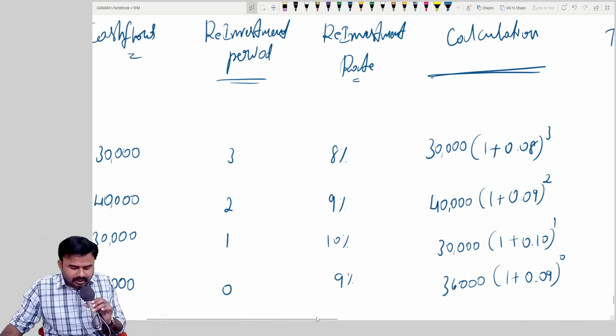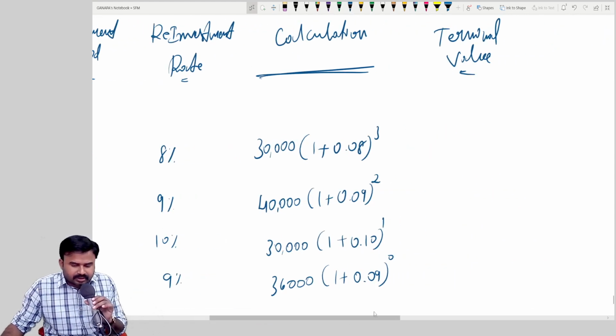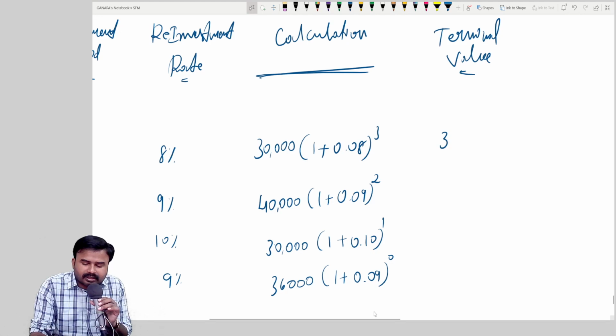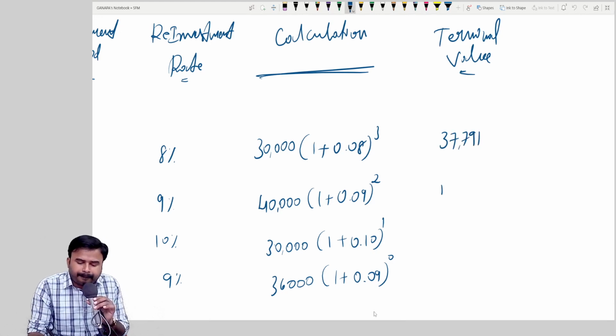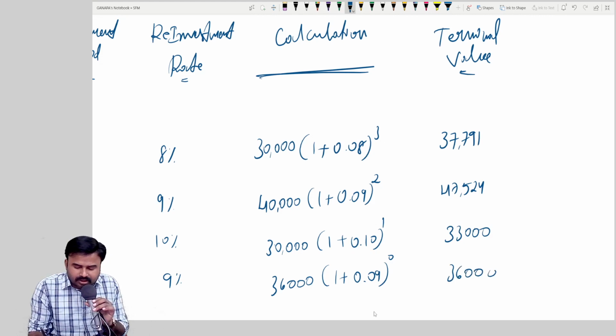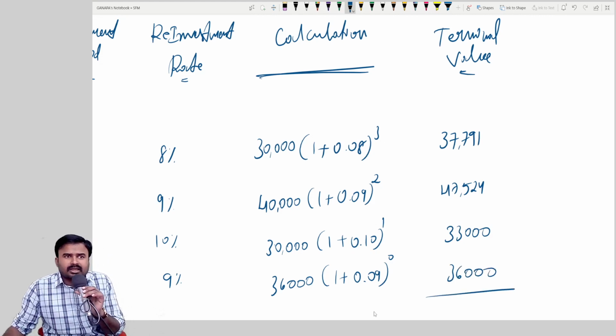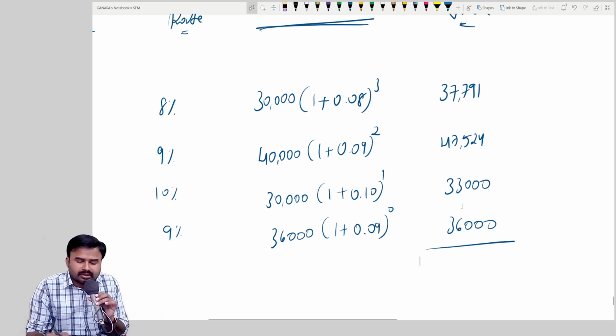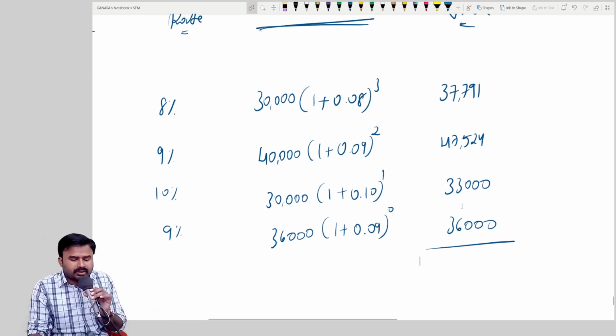30,791. 47,524. 33,000. 36,000. Are you sure about these numbers? Confirm it once. No, this is 33,000.